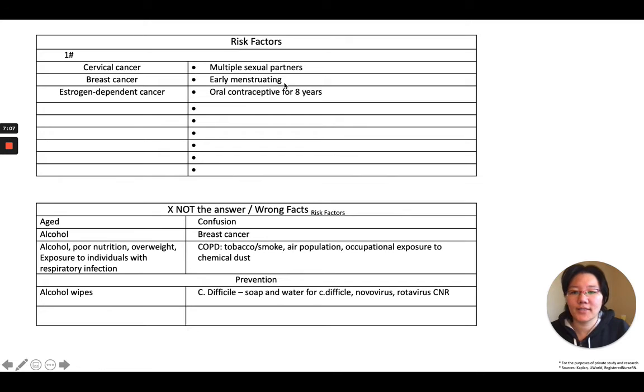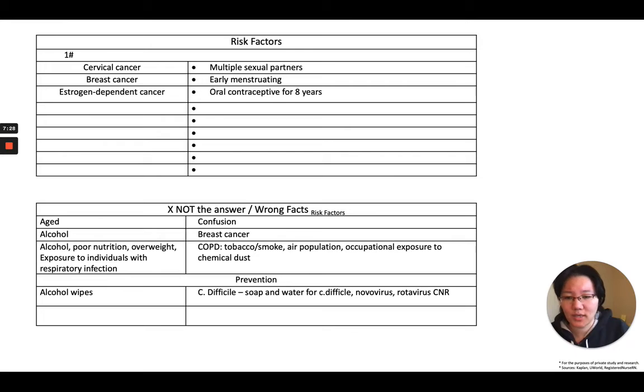Now, risk factors. Here are the conditions and here are the risk factors. You don't have to remember all the risk factors. Remember the ones you know you're going to trip over and make mistakes on, and just add those. Here I tend to get confused about which one is the answer and which one's not.